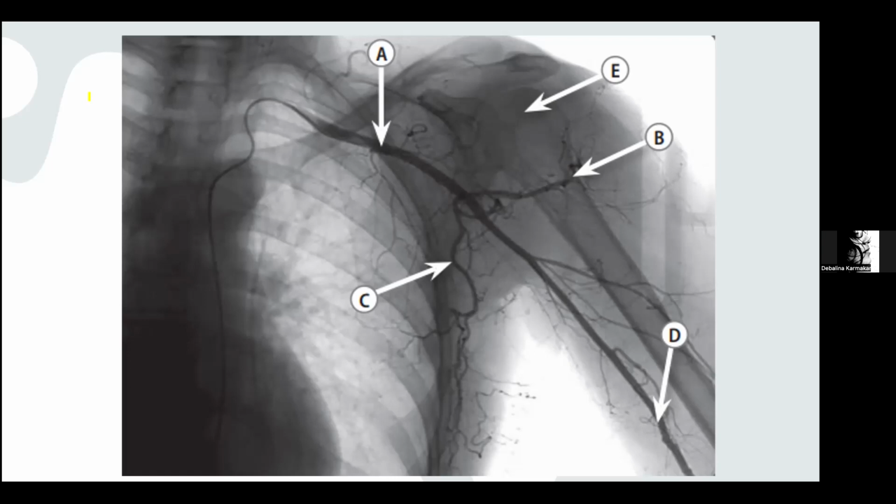This is a digital subtraction angiography, DSA, denoting the final part of subclavian artery, axillary artery, and part of brachial artery. Doctor, can you repeat it again, please? Okay. So identify the arteries level A to D.